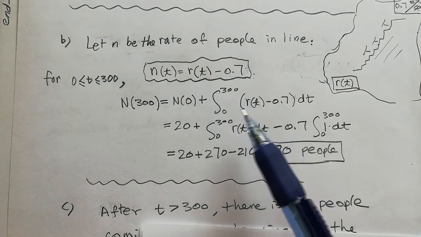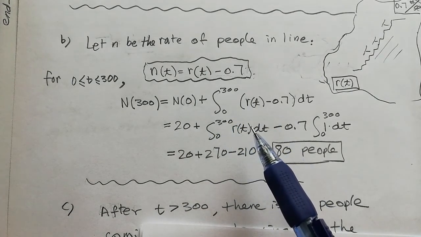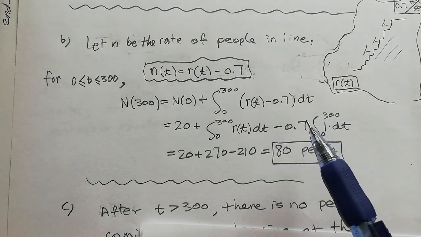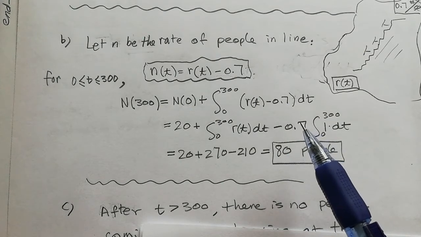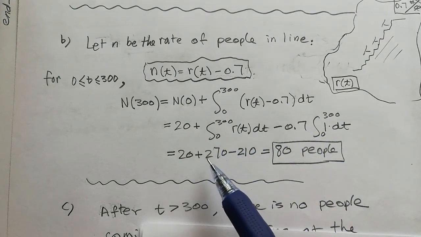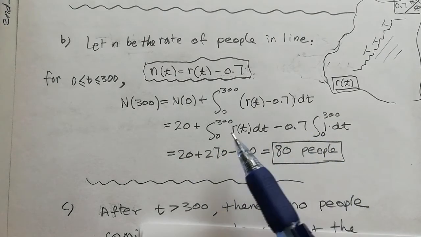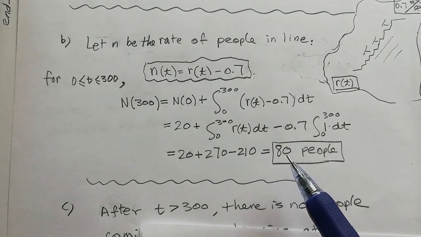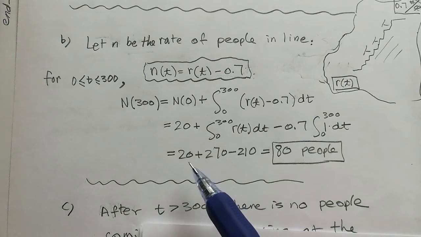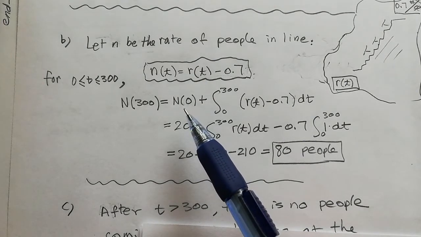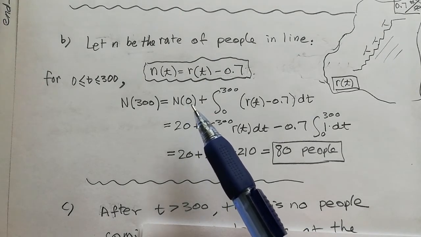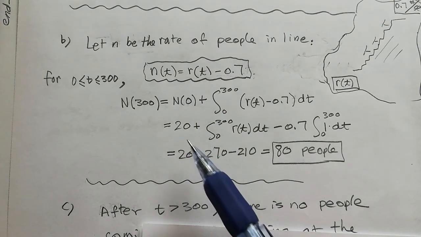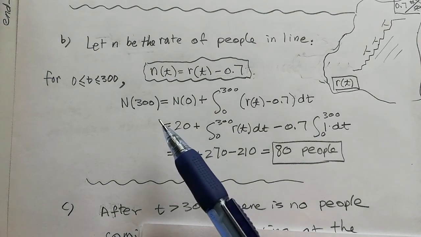The first part is how many people entered the line. The second part of the integral is how many people left. So you can just calculate those two integrals and you will get the answer as 80. Don't forget about the initial condition in this case, which is N of 0. More often than not you forget to add this number to the total.